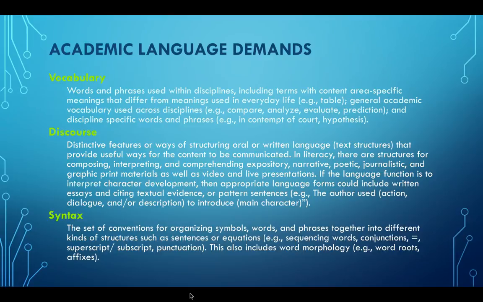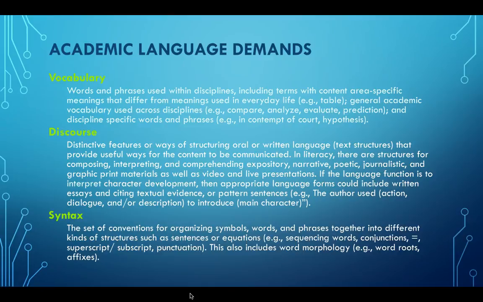Discourse is perhaps the language demand that is most difficult to identify or define. And it's one that many teacher candidates find themselves to be fuzziest about when it comes to integrating them into lesson plans.